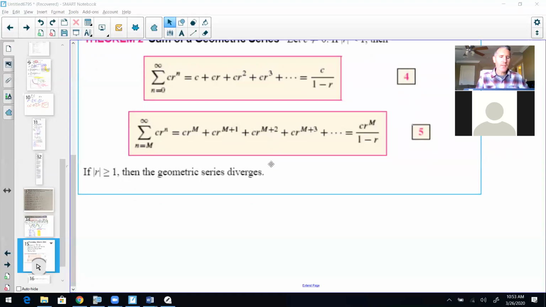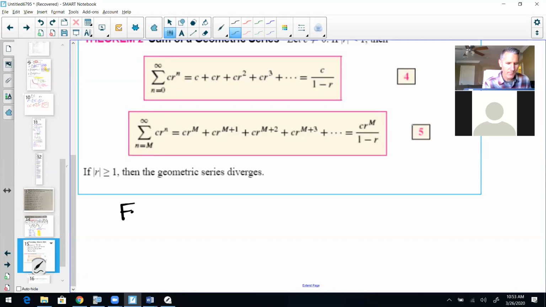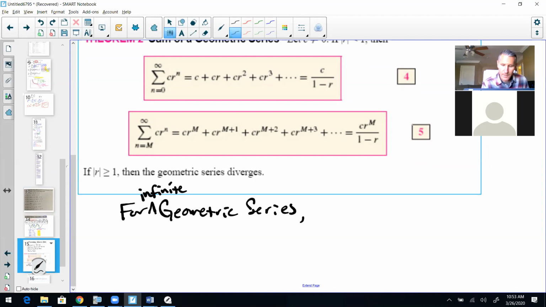And really, the way that I look at it is, so let me write it down. For geometric series, actually for infinite geometric series, if the common ratio is in between -1 and 1, so oftentimes you'll see that as the absolute value of r is less than 1.